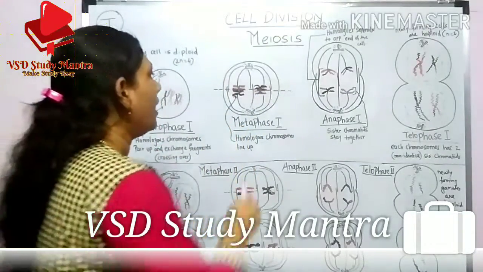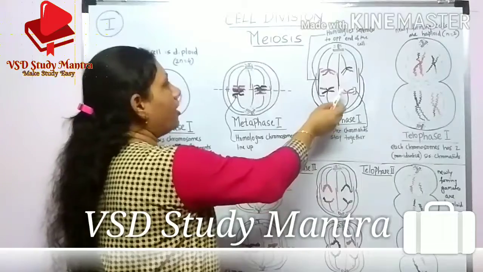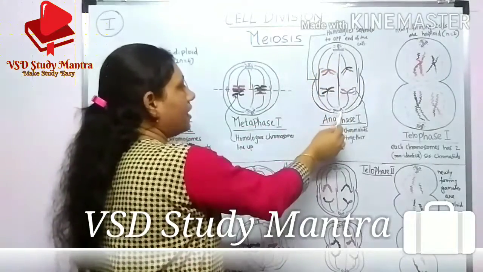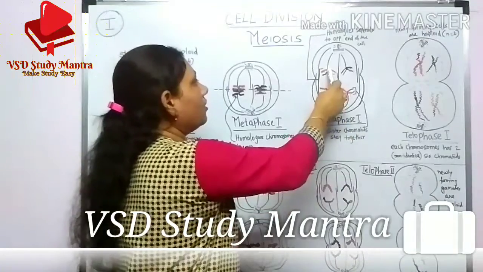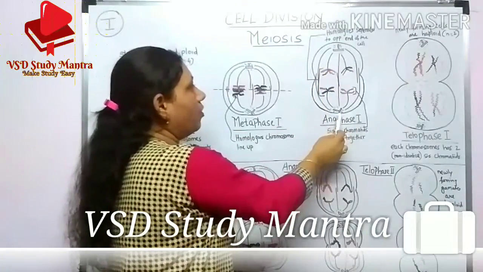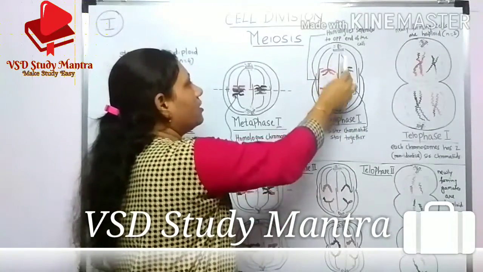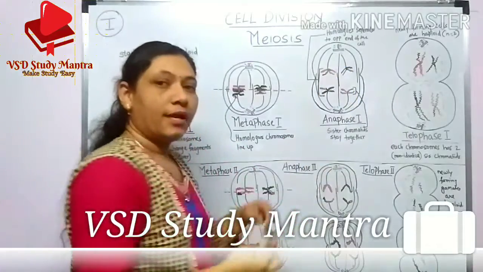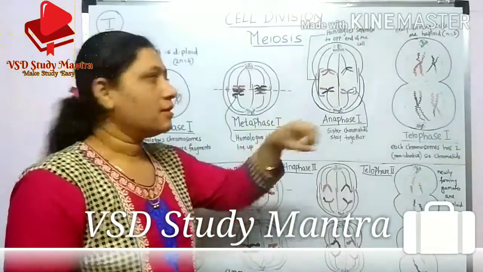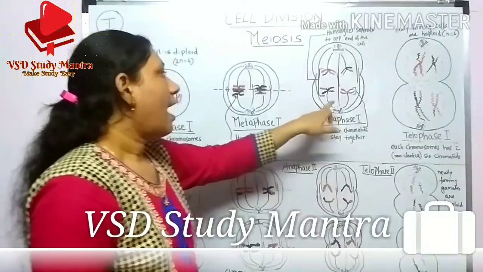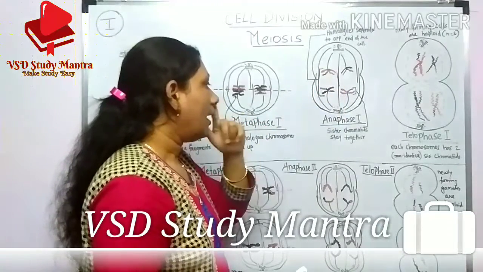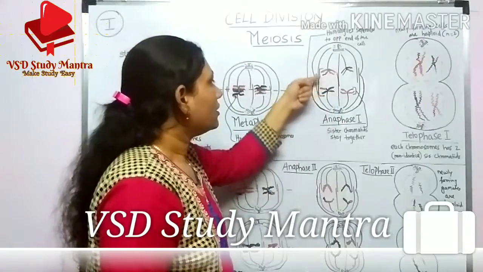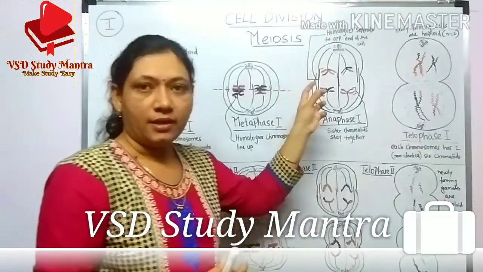In anaphase, the centrioles are at the poles, and the centromeres are pulled by the spindle fibers. The sister chromatids stay together here.